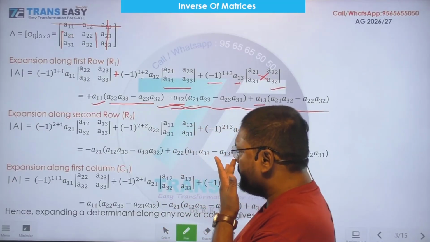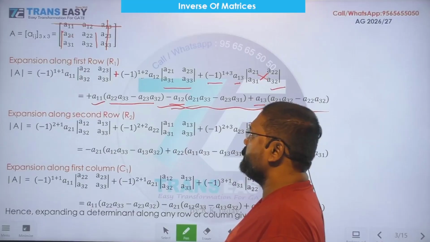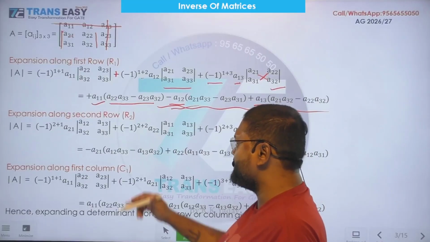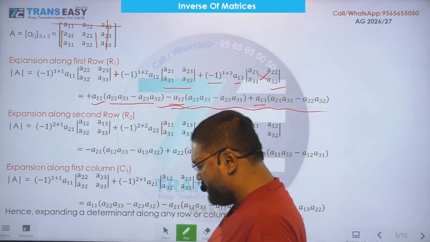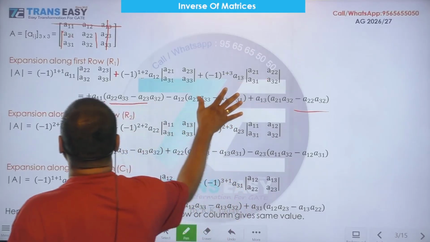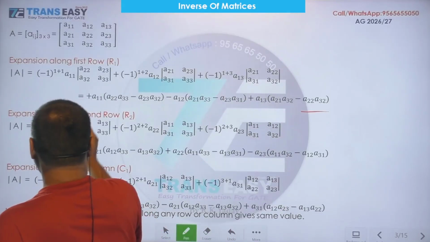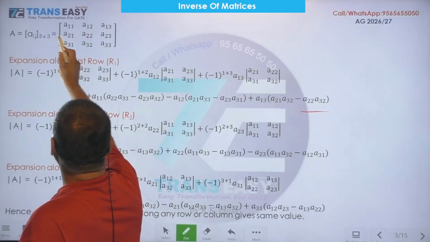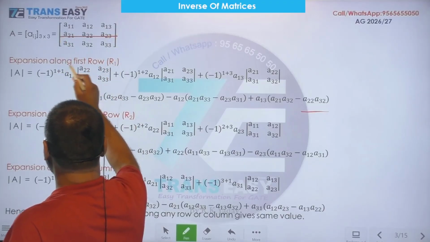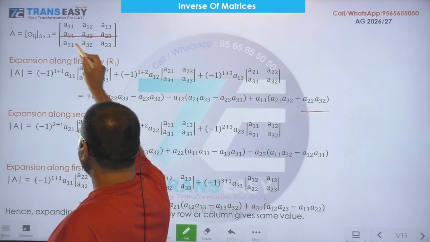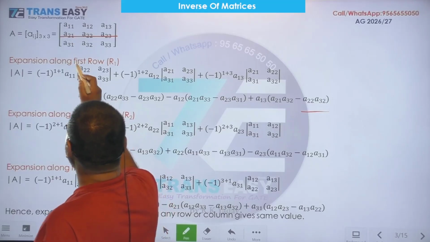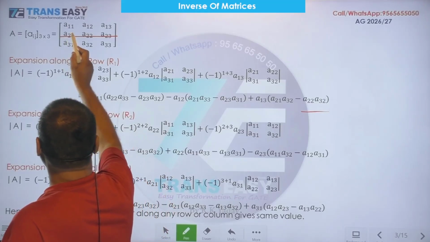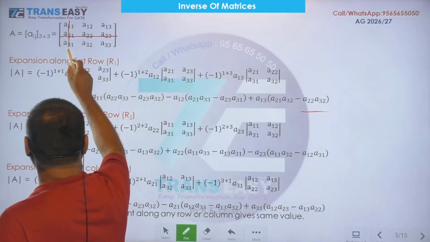Similarly, we can get the value of determinant by expansion along second row in the same way. So these are second row elements. Minus 1 raised to the power 2 plus 1, this element A21, and leaving row and column passing through this element.